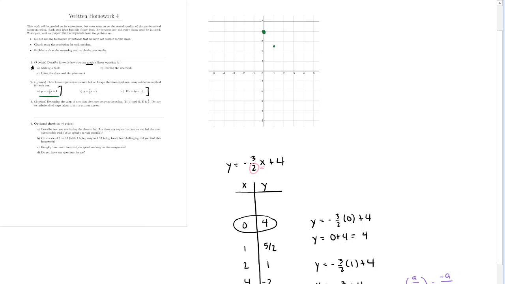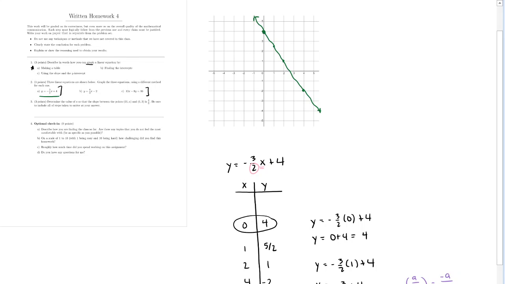Okay, and then 2, 1, 4, negative 2. And we can see that these points lie on a line. This is a linear equation, and so we get something like this. Okay, there we go. That's a rough sketch of our line.